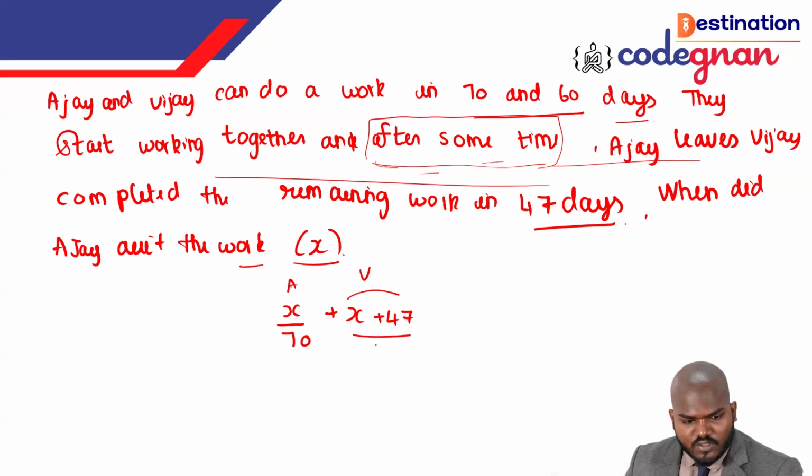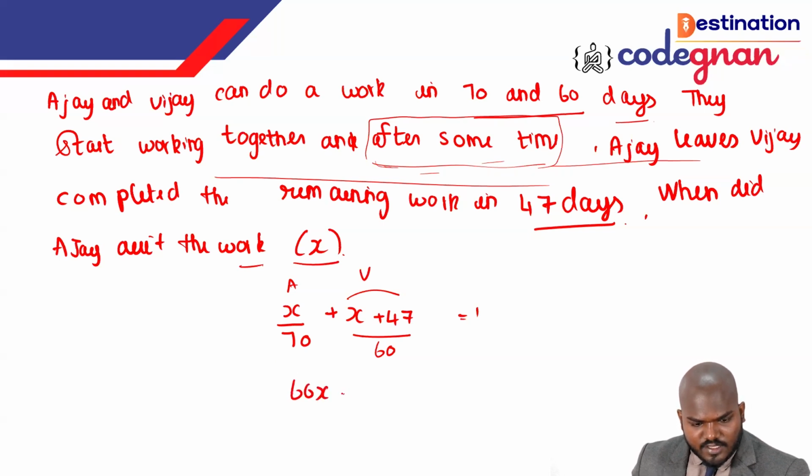Vijay's 1 day work is 1 by 60. If you place it here, this will give you the LCM 4200. So 60x plus 70x plus 47 is equal to 4200.